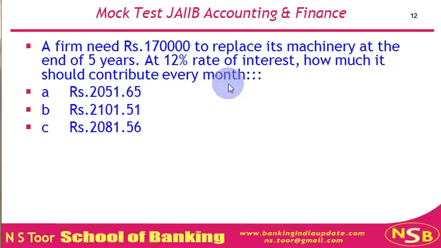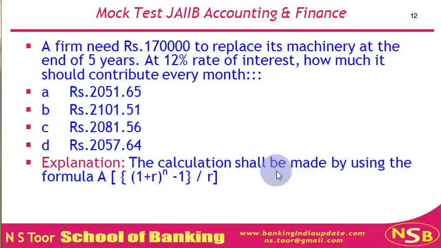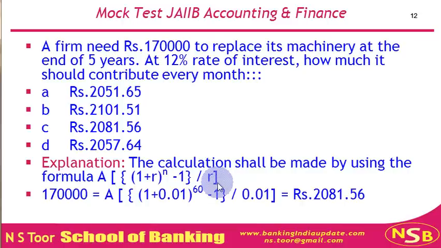We have these options. Let us now make the calculation. The calculation shall be made by using this formula: annuity, 1 plus R raised to power n minus 1 divided by R. So here 1,70,000 will be equal to this. So the monthly payment will be made. 5 years into 12 means 60 months, and rate of interest 12% per annum means monthly rate of interest 1%.